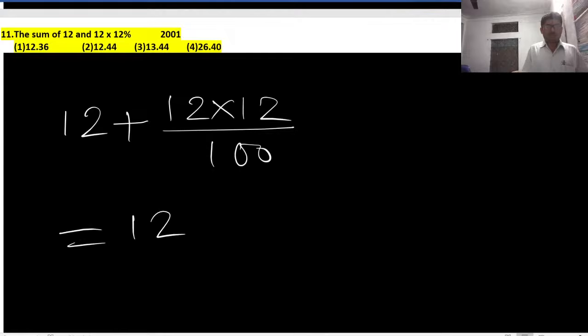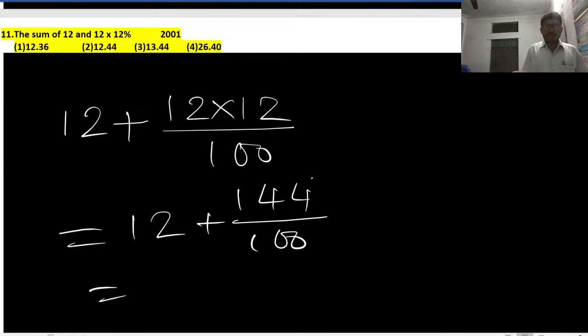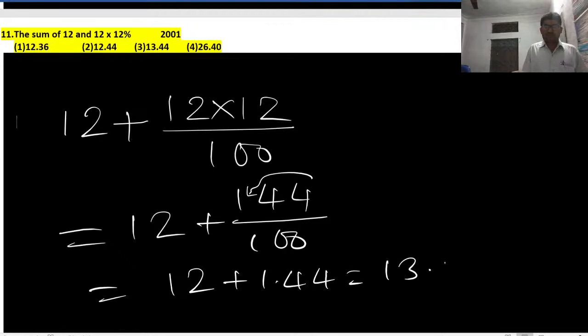That is equal to 12 12s are 144 by 100. To divide by 100, shift the decimal to the left by 2 places. So 12 plus 1.44, 13.44 is the answer. 13.44, option 3.